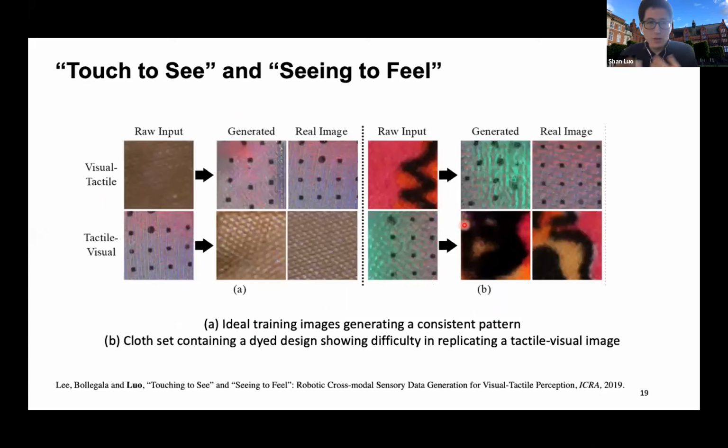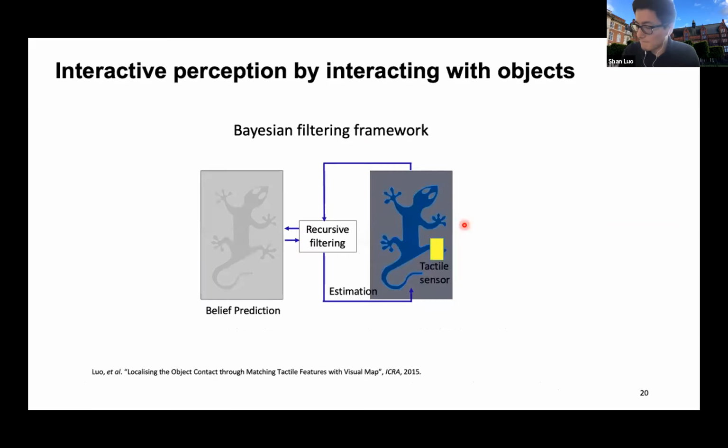This can be useful for online communications. For example, we have this video input and we can generate the pseudo tactile sense on the other end of the internet. So here are some outputs from this work. You can see we generate some realistic data for vision and tactile sensing.